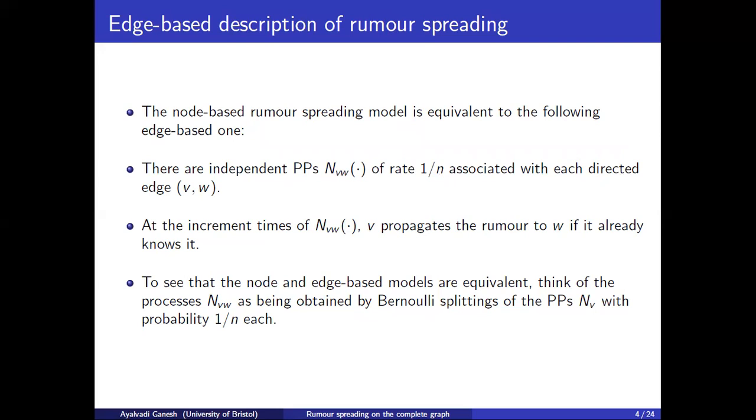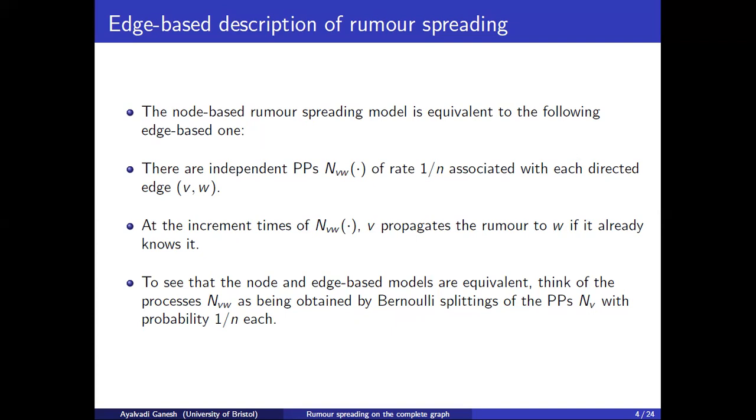So now, instead of an alarm clock at each vertex, there's an alarm clock on each directed edge, and these alarm clocks ring after independent exponential times of rate 1 over n and hence of mean n. Okay, so that's recall the equivalent descriptions of a Poisson process.